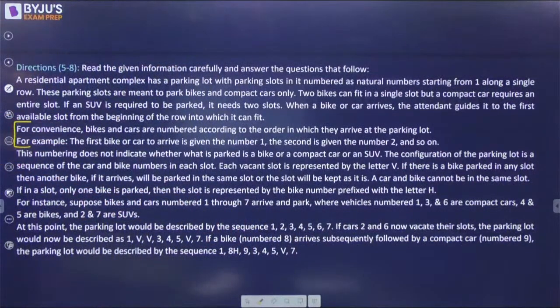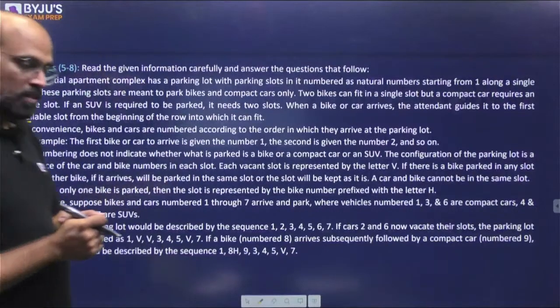The configuration of the parking lot is a sequence of the car and bike numbers in each slot. Okay? Configuration, that's a new term. Each vacant slot is represented by the letter V, vacant V. If there is a bike parked in any slot, then another bike, if it arrives, will be parked in the same slot or the slot will be kept as it is. Okay?